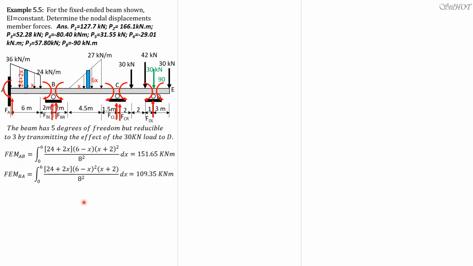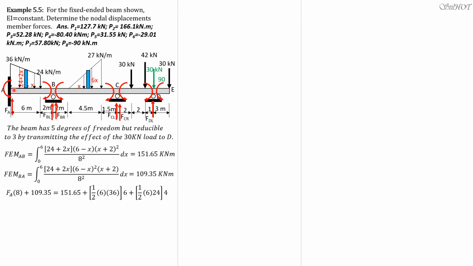Then for FA, summation moment at B: FA times 8 plus 109.35 equals 151.65 plus moment of the, we divide this into two triangles. So 1/2 of 6 times 36, moment arm is 4 plus 2, so 6.